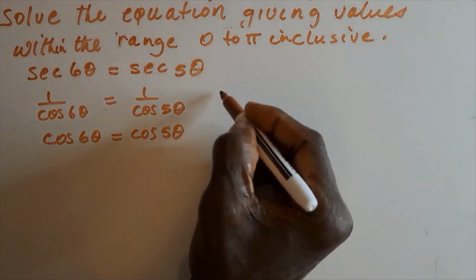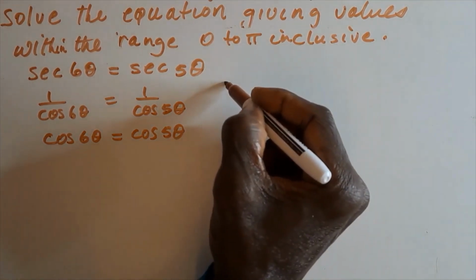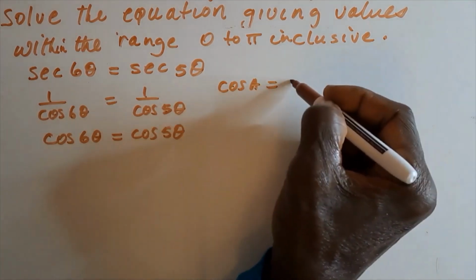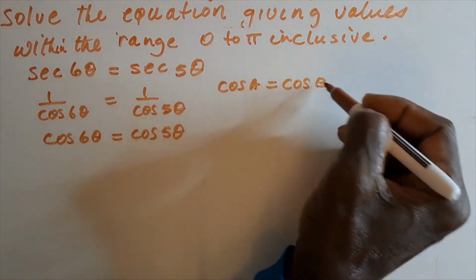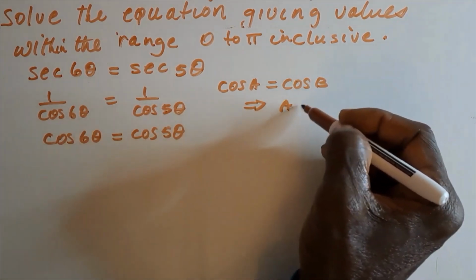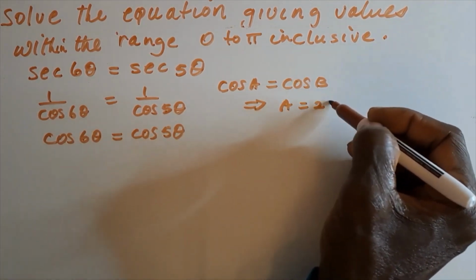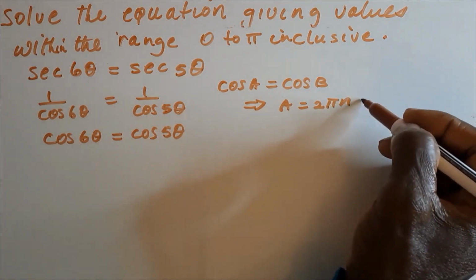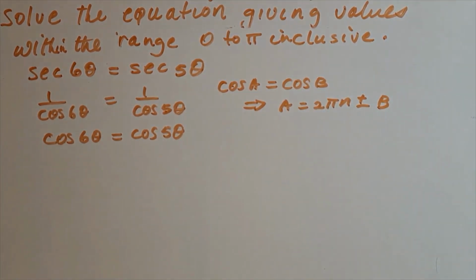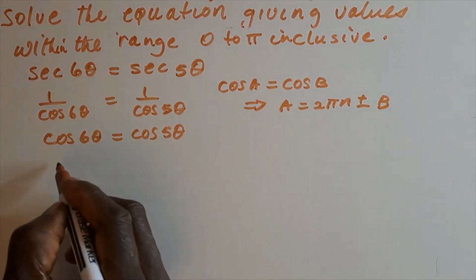And if we make use of the relationship that cosine A equal to cosine B implies that A is equal to 2 pi n plus or minus B. So let's see what we have.